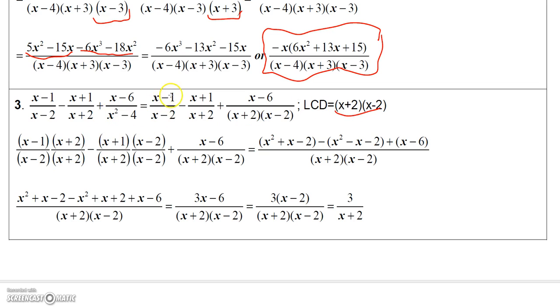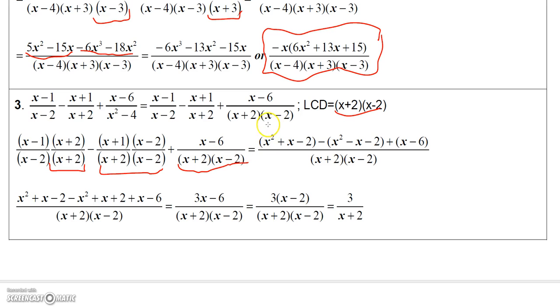So on the first fraction, x minus 1 over x minus 2, I need to multiply it by x plus 2 over x plus 2, so I have the denominator x minus 2, x plus 2. And the second one, I have to multiply it by x minus 2 over x minus 2, so I have the factors x plus 2 times x minus 2 in the denominator. And in the third one, I don't have to do anything because it already has the lowest common denominator.